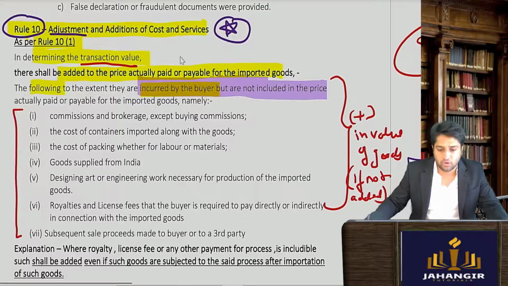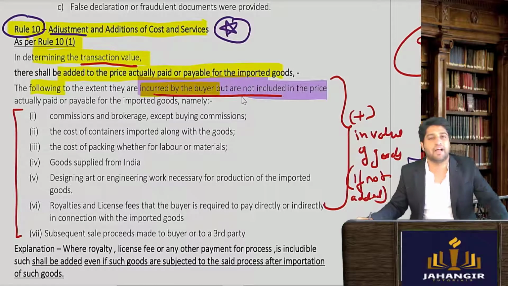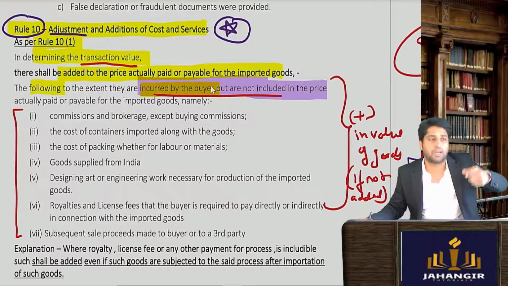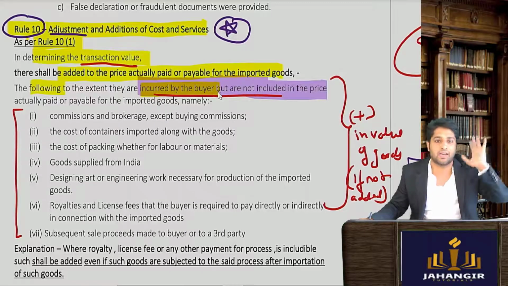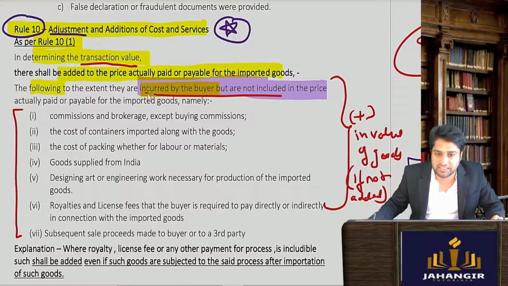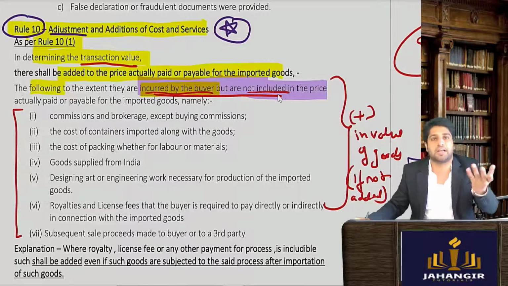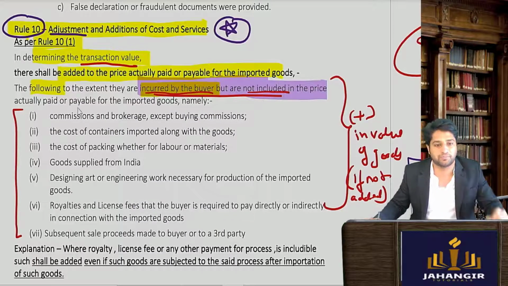ठीक है, कॉमन सेंस से हम लोग जब वैल्यूएशन कर रहे हैं तो whatever the buyer pays to get the imported goods is to be added into the value. So if these things are incurred by the buyer but are not included in the price, common sense, you will add it up.